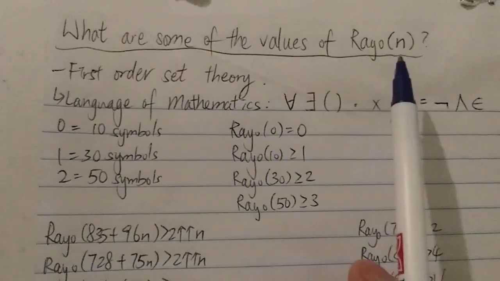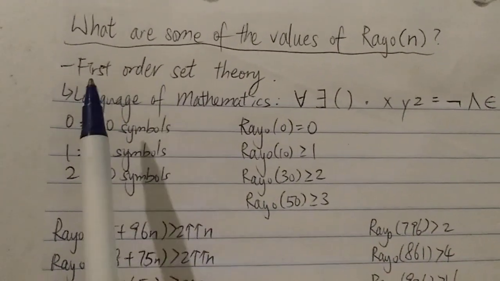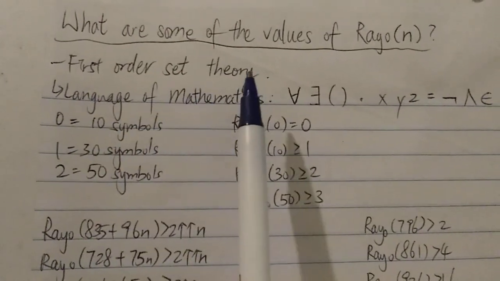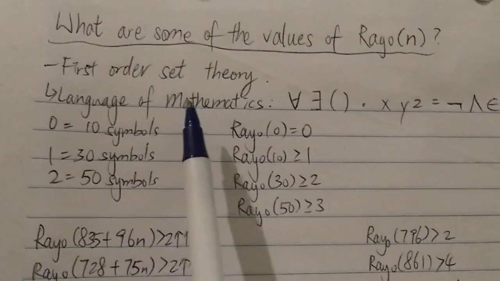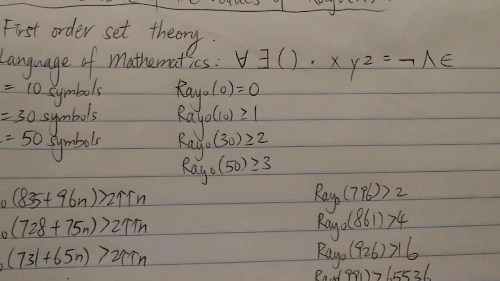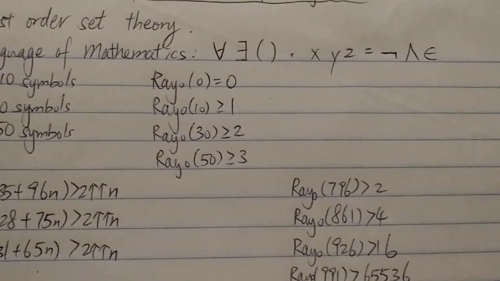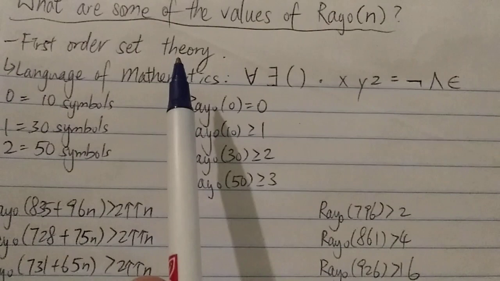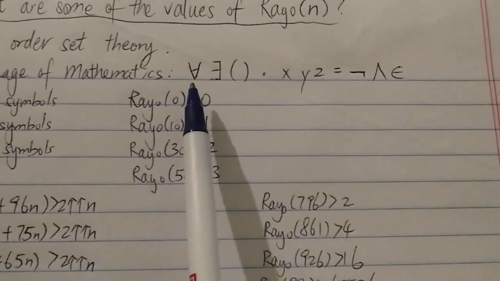Of course, the Rayo's function, Rayo n, is defined using first order set theory, which is basically the language of mathematics. So it's quite different from regular English or any other language that we speak. For first order set theory, they are using symbols like these.